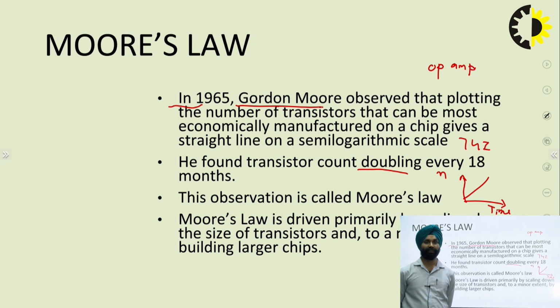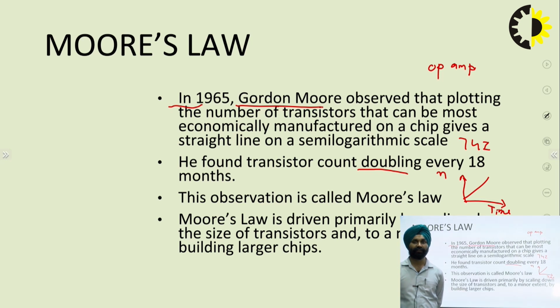So basically, Moore's law was driven by scaling down the size of a transistor and, to a minor extent, by building larger chips. That means the number of transistors was increasing.